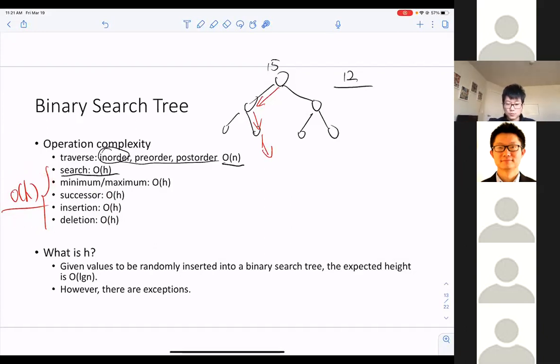And so previously, have we discussed, do you still remember what is the relationship between H and N? What is the relationship between the height of the tree and the number of nodes in the tree?